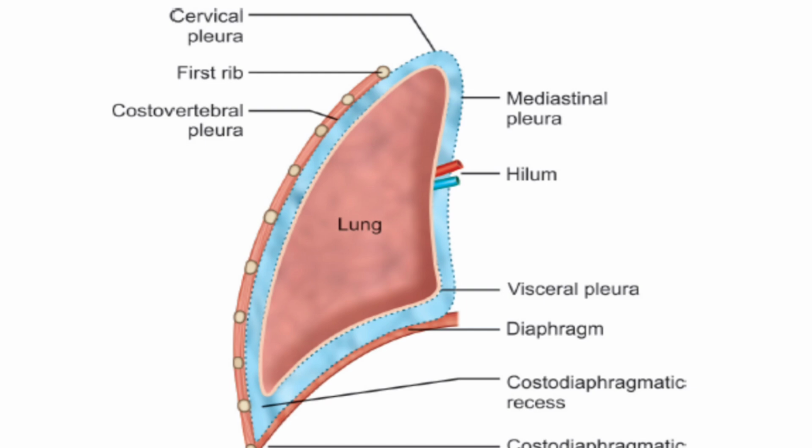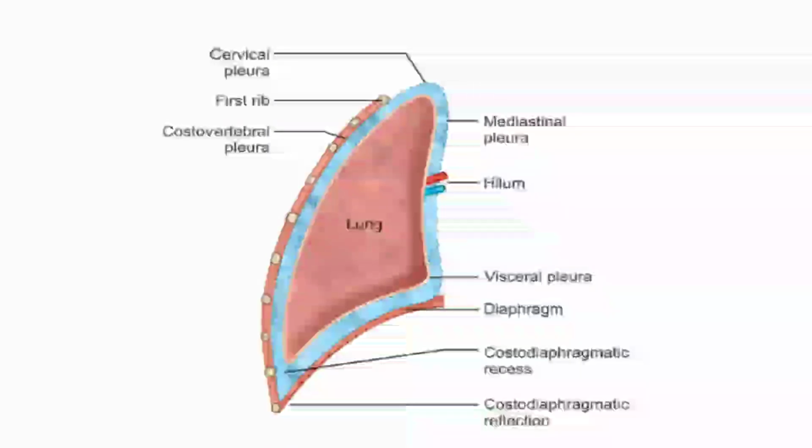Normally this intrapleural pressure is subatmospheric, or negative. What is the value of this intrapleural pressure? It is around minus 2.5 to minus 4 millimeter of mercury. If we take the atmospheric pressure as 0, anything below 0 is minus.